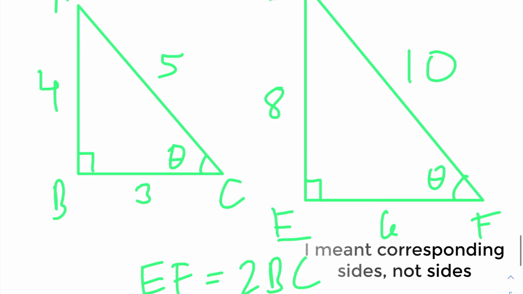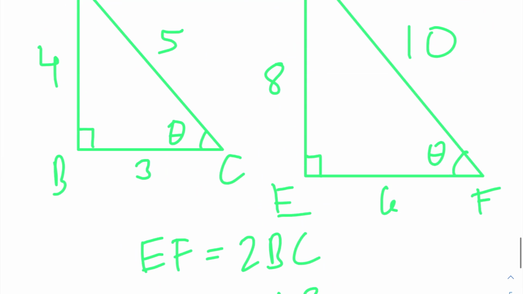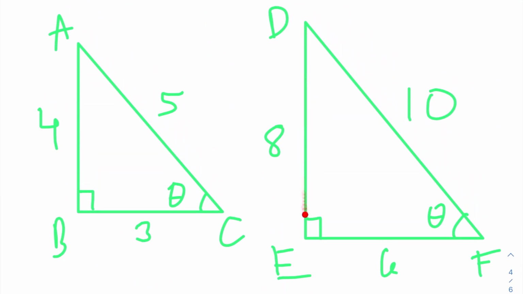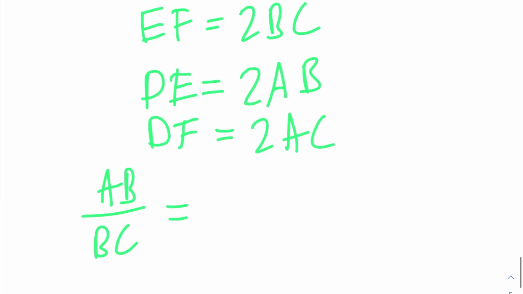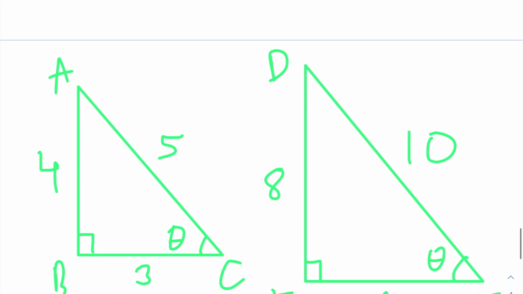So for example, the ratio AB over BC should be the same as DE over EF if both triangles are similar, because these triangles are similar and these sides correspond with each other.